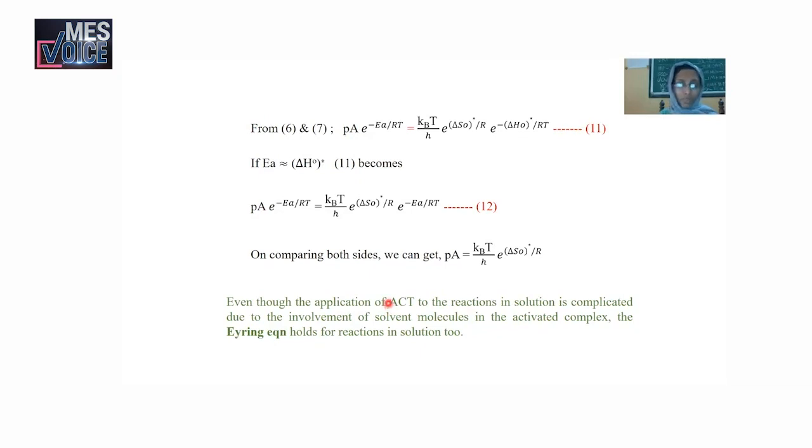So the activated complexes are somewhat complicated compared to gaseous reactions, because there are no solvent molecules in gaseous reactions. The activated complex formation is complex, even though the Eyring equation is applicable to reactions in solutions too. So this is the peculiarity of the activated complex theory compared to the collision theory.